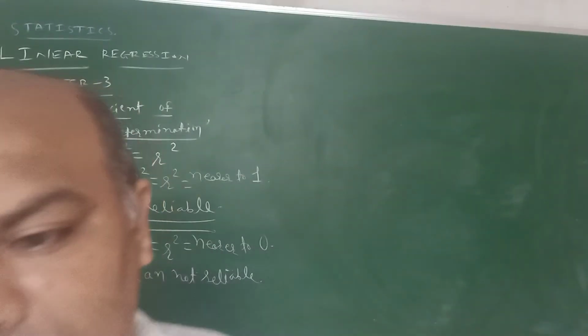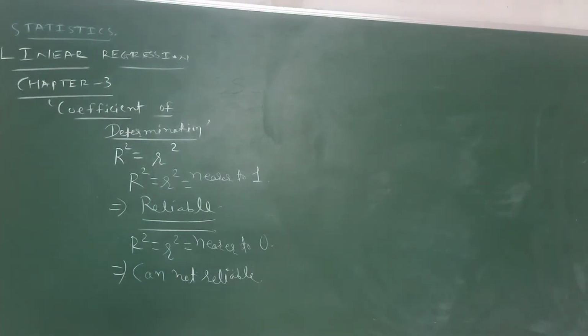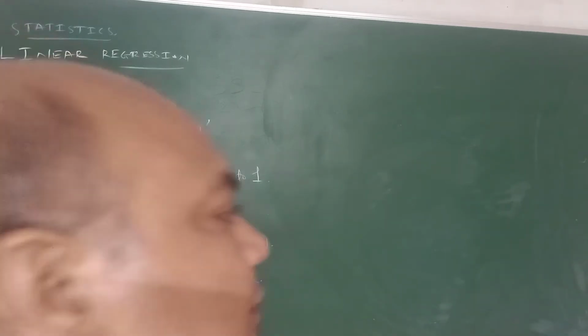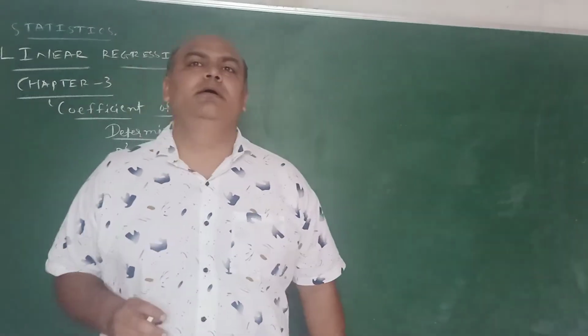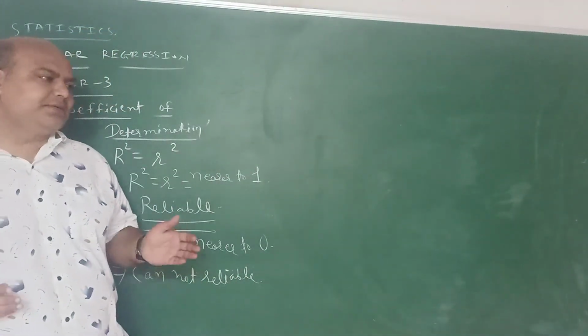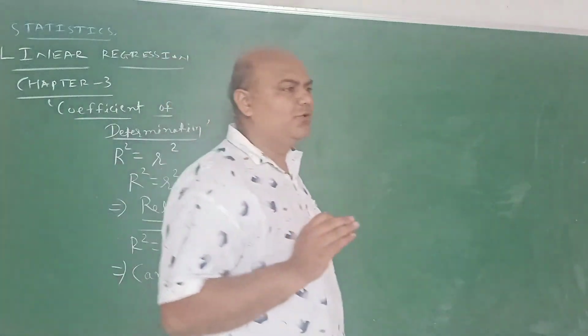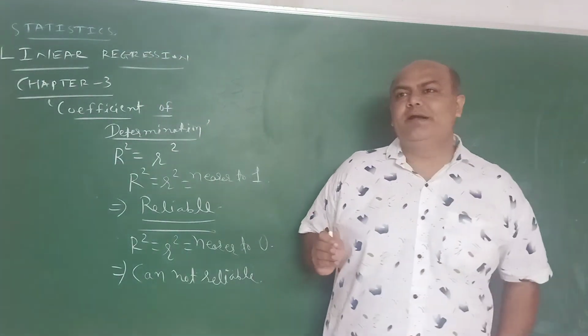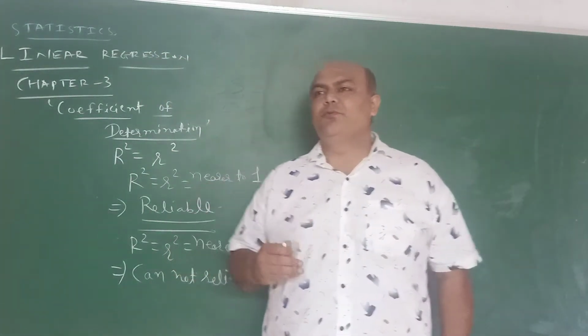It means we have to find the value of R square. If the value of R square comes nearer to 1, meaning if the answer is between 0.50 to 1, it is called nearer to 1.